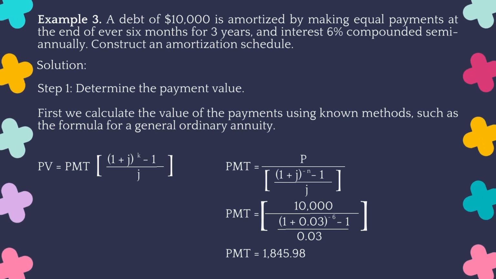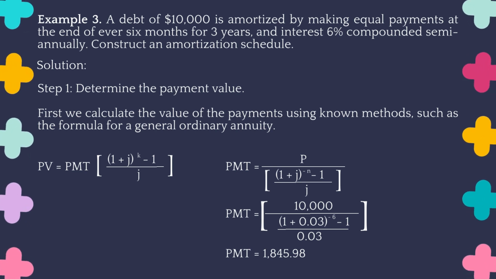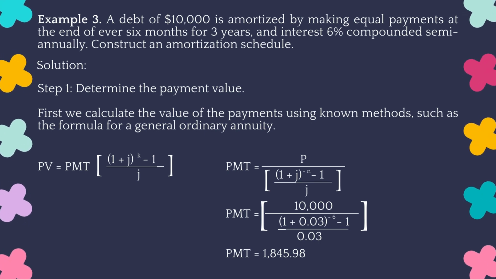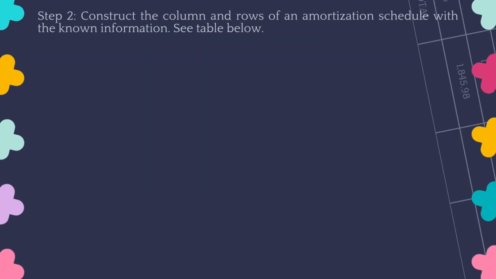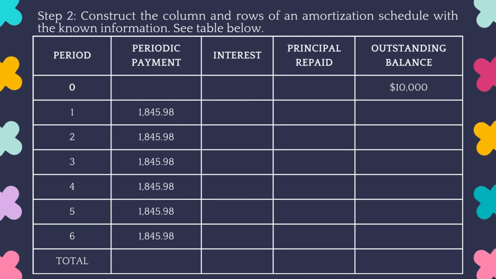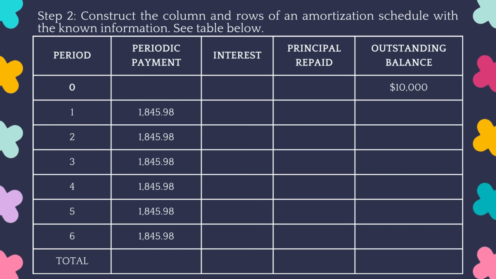So to calculate this, we get the periodic payment amount, which is the 1,845.98.